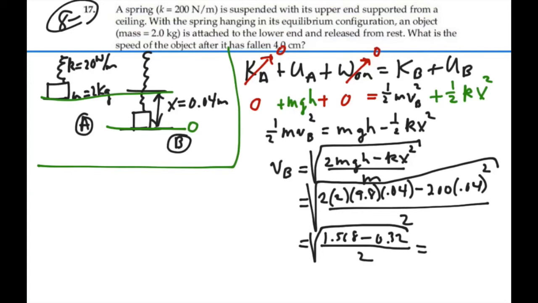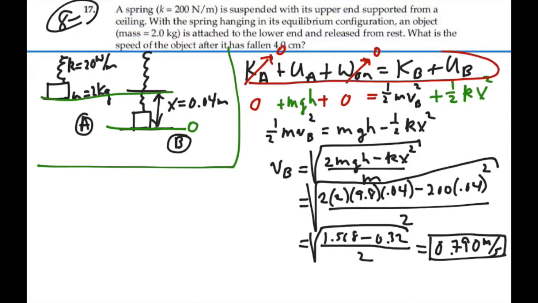I get 0.7899, I'd say 0.790 meters per second. That's the velocity at point B.